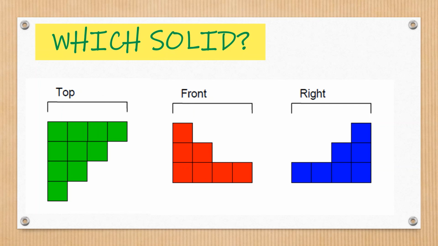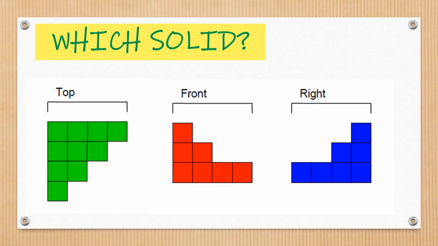From the front in red, you're going to see something that goes as high as 3 squares high and as low as 1 square high on the right hand side. And for the right view, it's equally as high as the front view, and you can see that one's color coded in blue. This one doesn't have a name, but I want you to think about how you put that together and what you would come up with if you were to try and make that particular solid out of cubes.